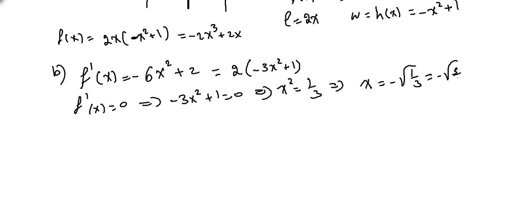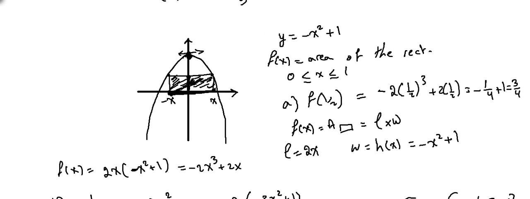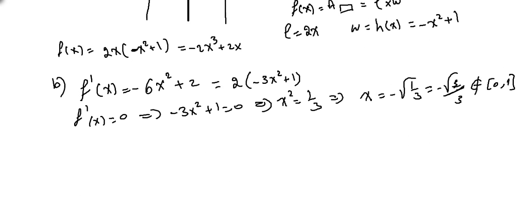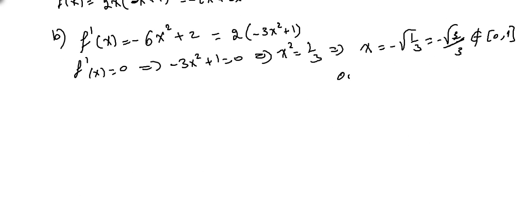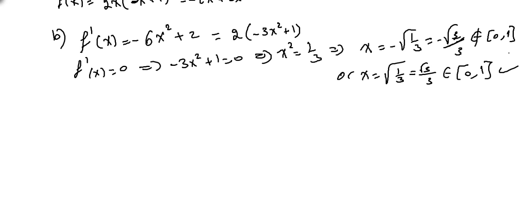By rationalizing, this does not belong to the interval 0, 1, because he gave me from the beginning that we are working on this interval from 0 to 1. So this value is rejected, or x could equal radical 1 over 3, which is radical 3 divided by 3, which belongs to 0, 1. This value is accepted and the other is rejected. So x should be this value.